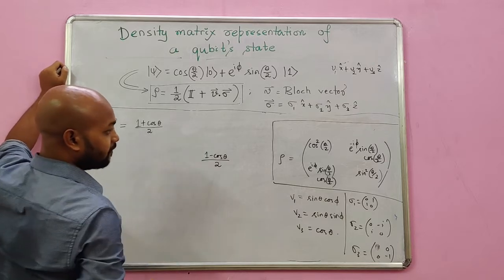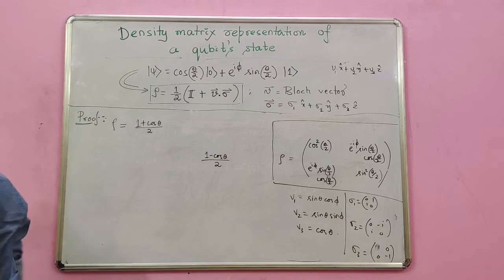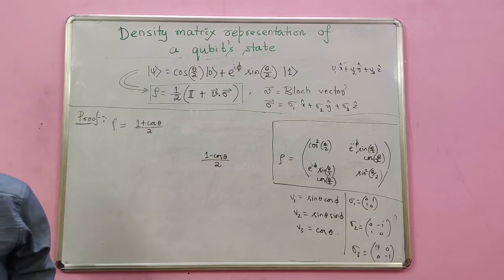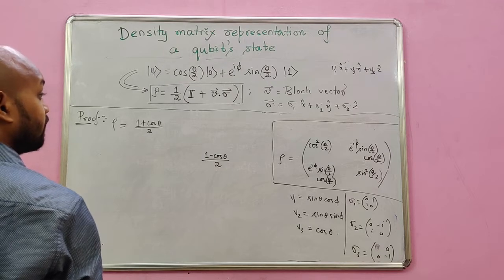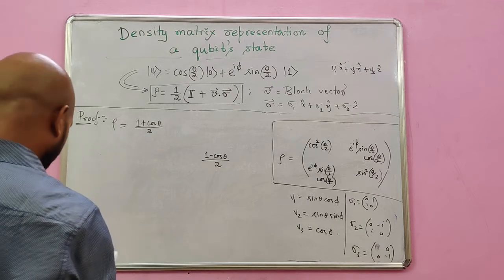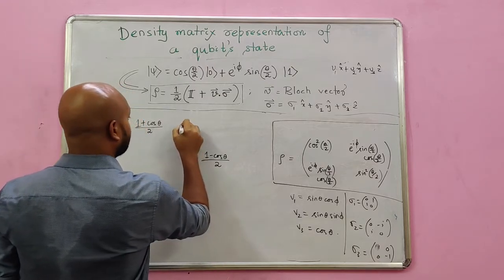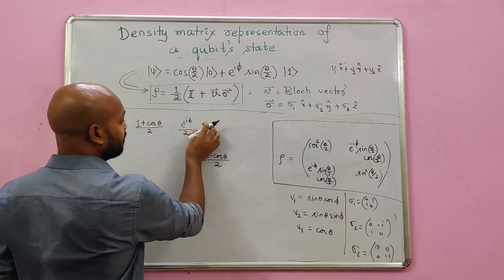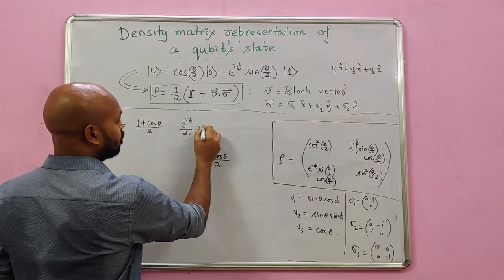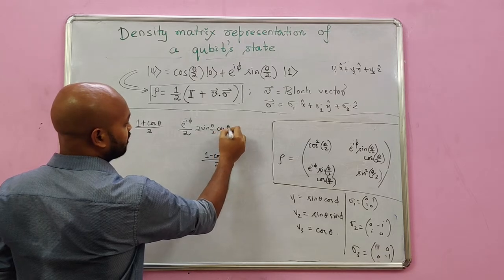This term I write by multiplying by 2 and dividing by 2, as e power minus i phi by 2, then 2 sin theta by 2 cos theta by 2.